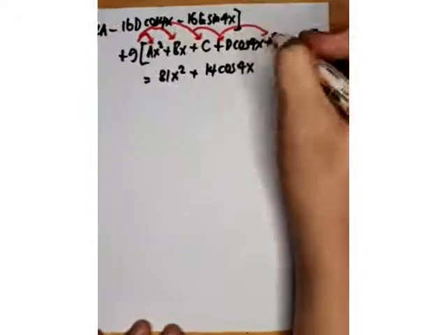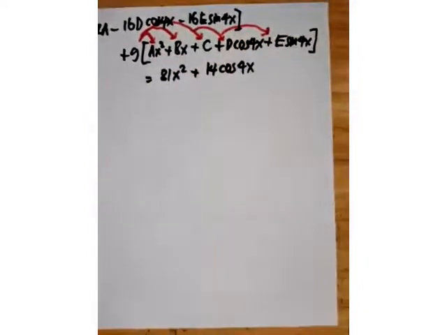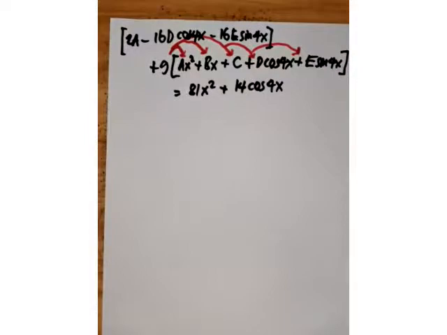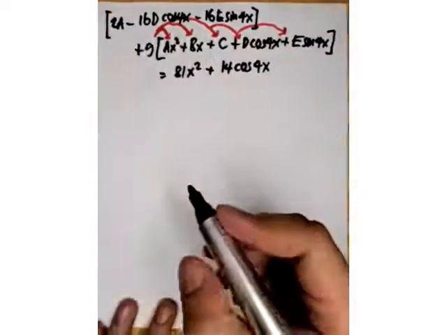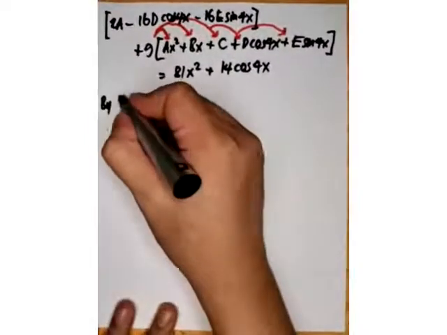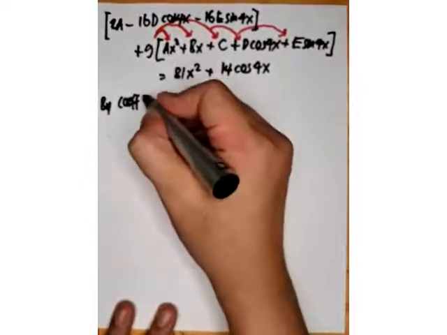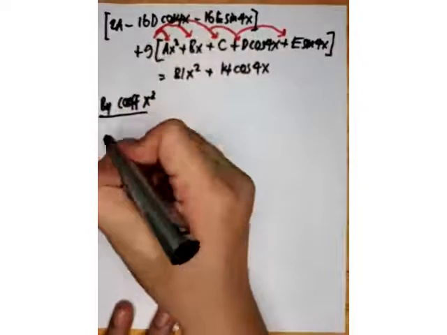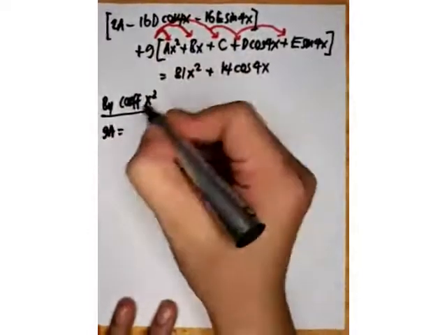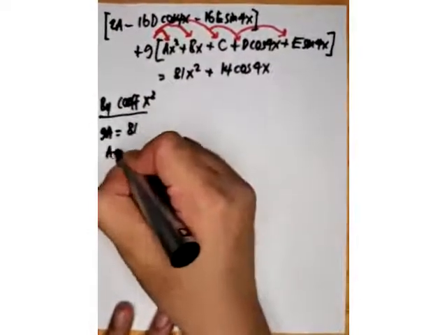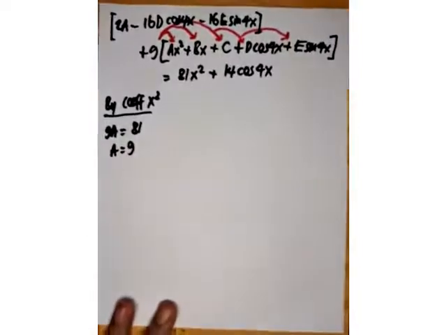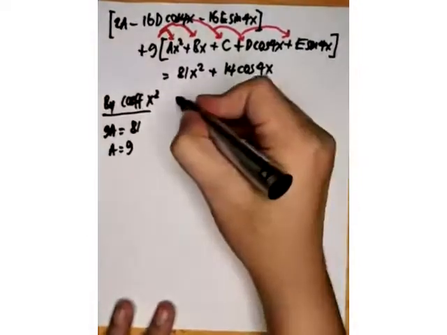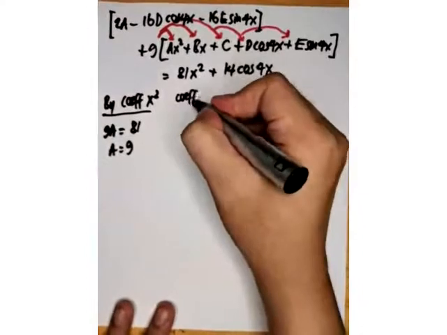Ayan. Okay, so mag-equate na tayo. X squared na. So by coefficient of x squared. So dito sa left side, we have 9a. That's equal to 81. So a is equal to 9. Ayan. So coefficient of x.